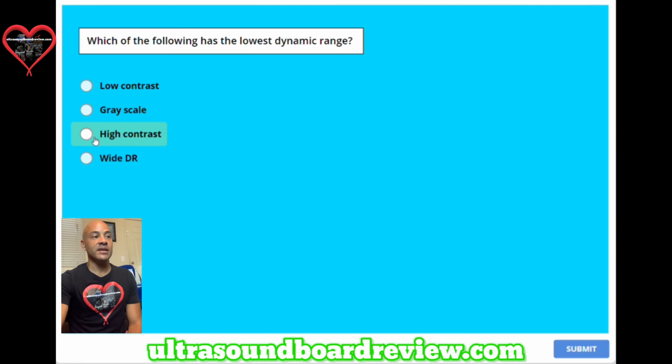The answer is C, high contrast. The way I remember it is if I have a high contrast, that means I can see the borders of black and white really well. If I have a low contrast, I can't see the borders very well. So a high contrast means that you're going to have less grays and more black and whites.